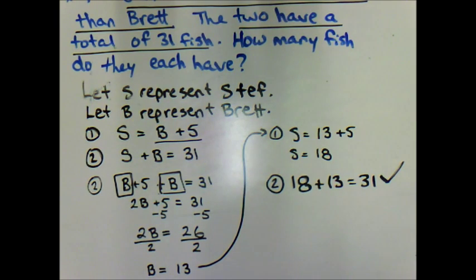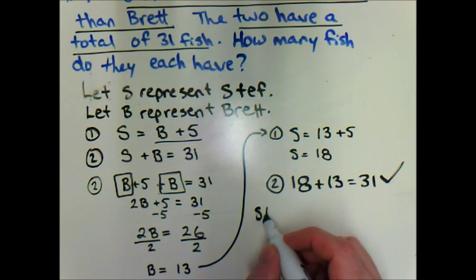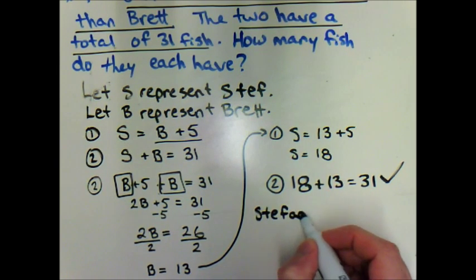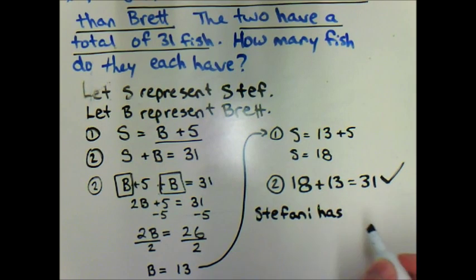And because it was a word problem, you will need a final statement for your answer. So look back at the question. How many fish do they each have? Stephanie has how many?